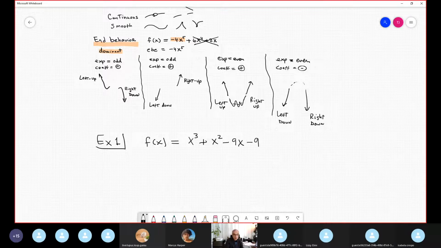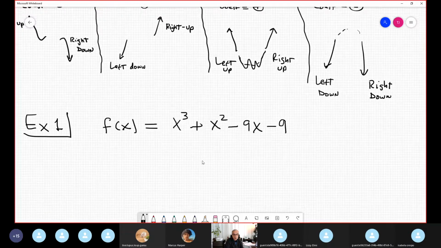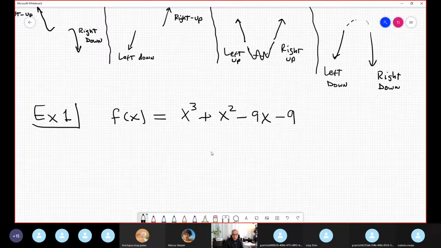First question: is this a polynomial, yes or no? Yes, because the exponents are 3, 2, 1, and 0. By the way, this is 1, and this is 0, because we have no x. Any expression or number raised to the 0 power is 1. So the degree is obviously 3.